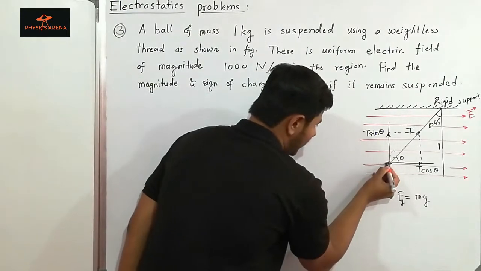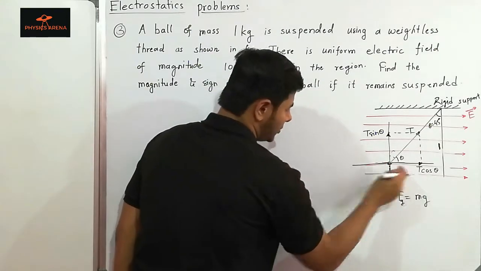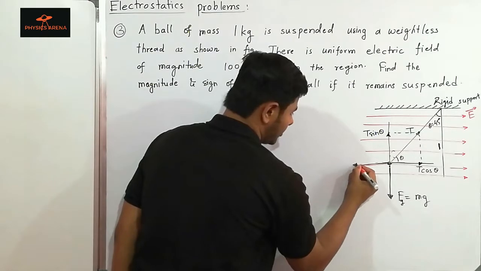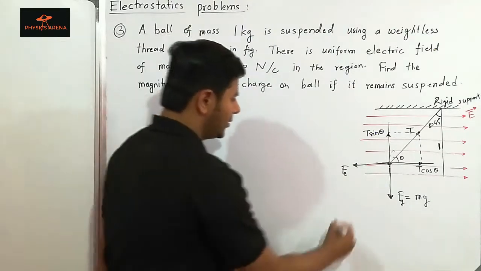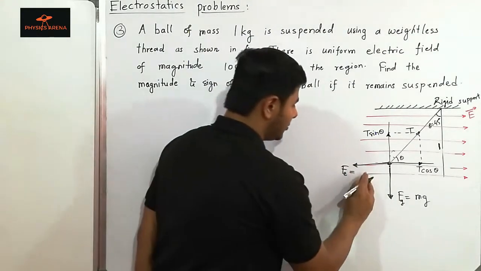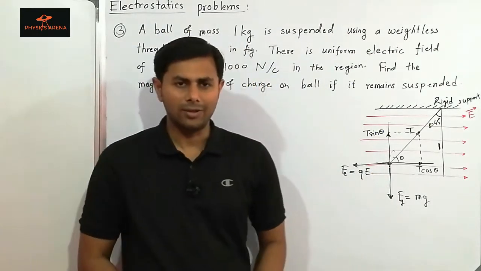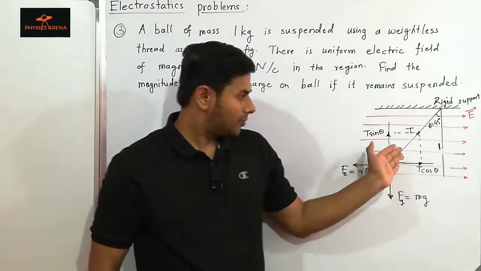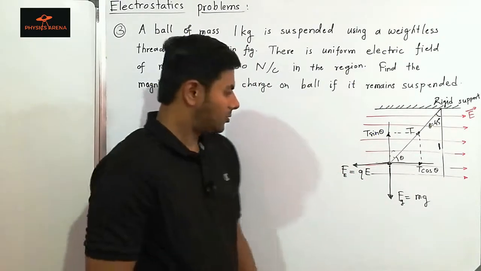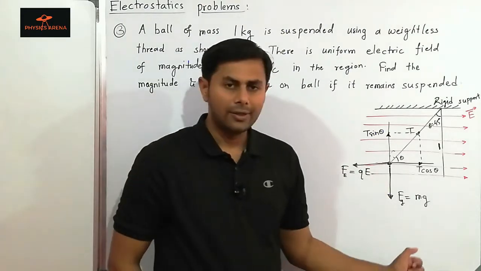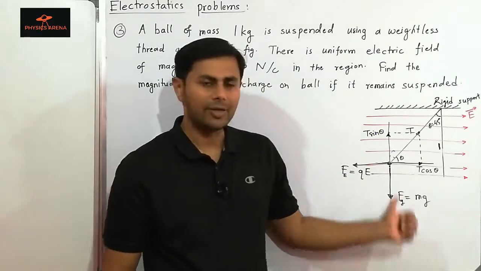So force due to electric field will be in this direction, opposite to T cos theta. This is force due to electric field, so I will put suffix capital E, and it is equal to, we know, Q times E. Because the force due to electric field and the electric field are in opposite direction, this charge must be negative.